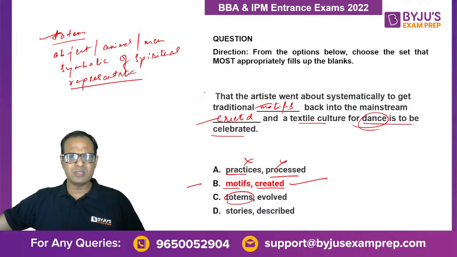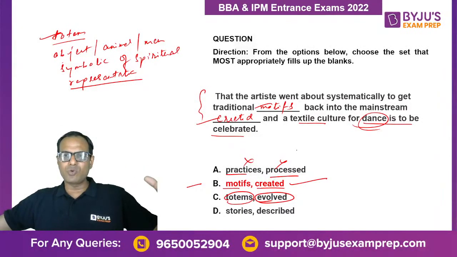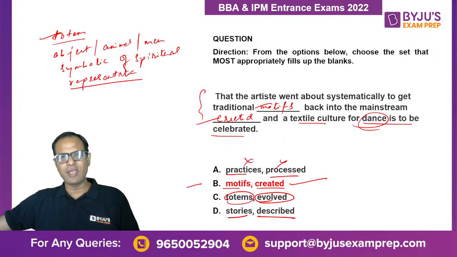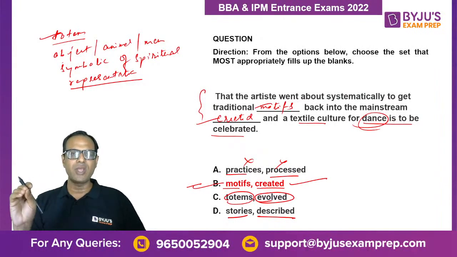Totems, now in this situation, they don't make any sense. It talks about evolution or gradual development. Over here, there is no such theme discussed, right? Stories and described, again, it is out of context. That is why we are going to stick with B, motifs created.